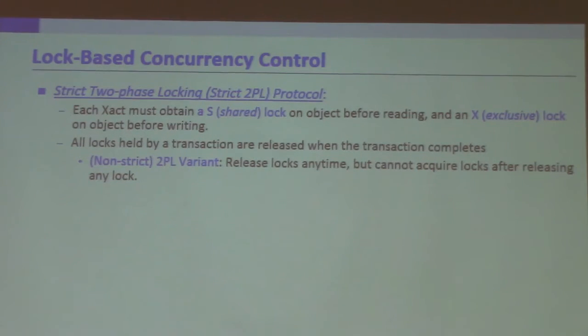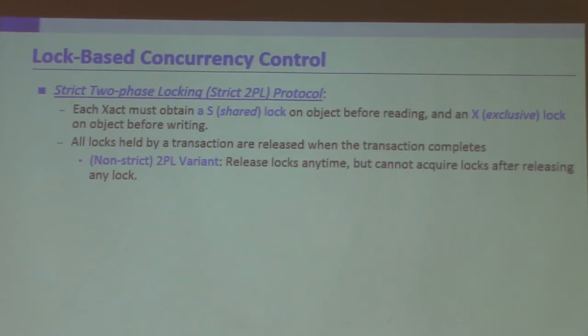So I may still hold a shared lock on B, but I'm done writing the value of A, so I can release the exclusive lock on A right away, rather than wait until I commit. There's a huge difference, by the way. Let me illustrate that using a simple example. Okay? There's a huge difference between the two.